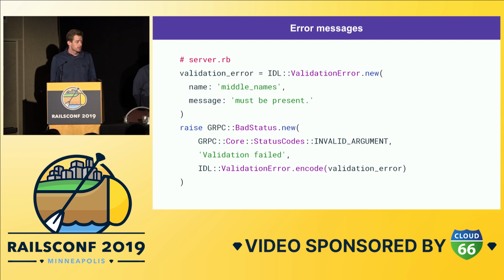And finally, if you really wanted to take this further and have structure across your entire IDL, you could actually define a common definition of what an error looks like in your IDL, and you could then just encode that as the message that's included back with the error.